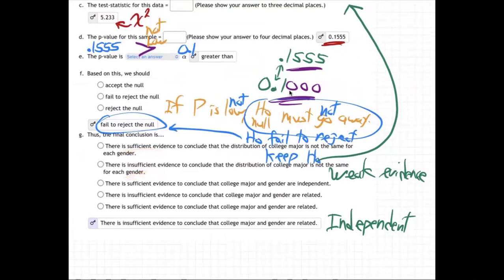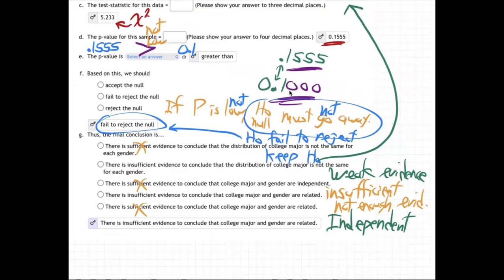So what does weak mean? It means insufficient, right? Because insufficient means not enough. Something is insufficient, not enough evidence. So there's not enough evidence. Insufficient. So we can get rid of these ones that say sufficient. There, so good. We're down to two. That's nice. We're down to two options.